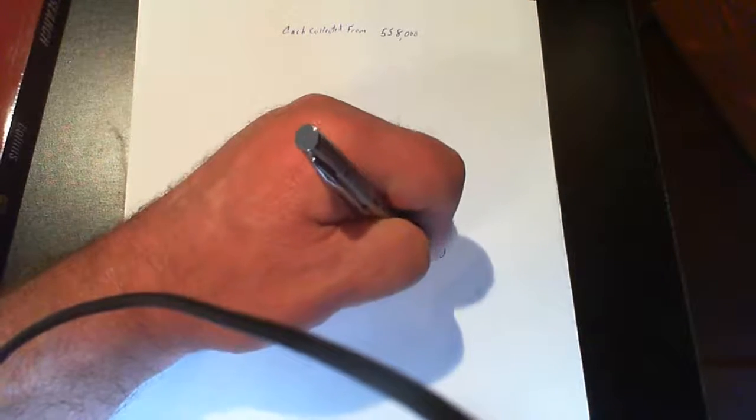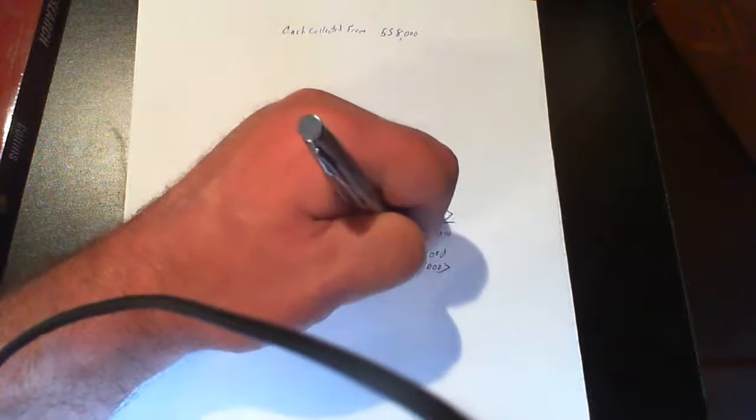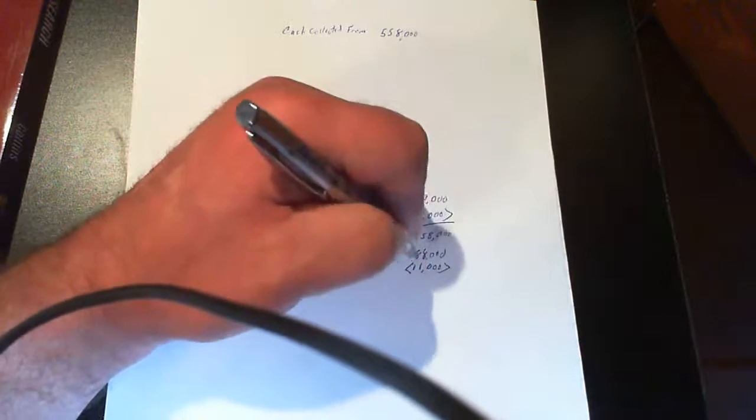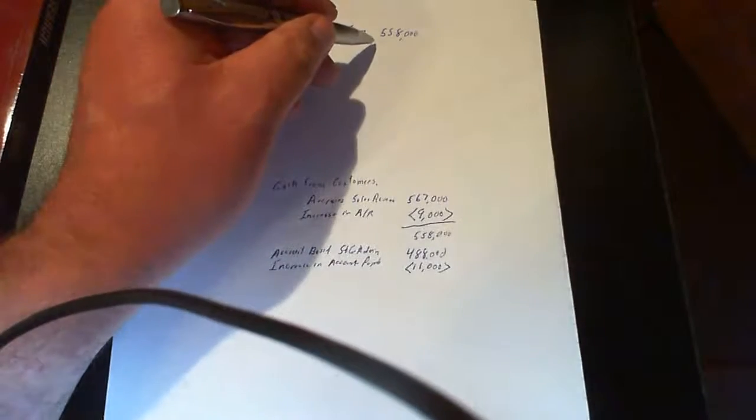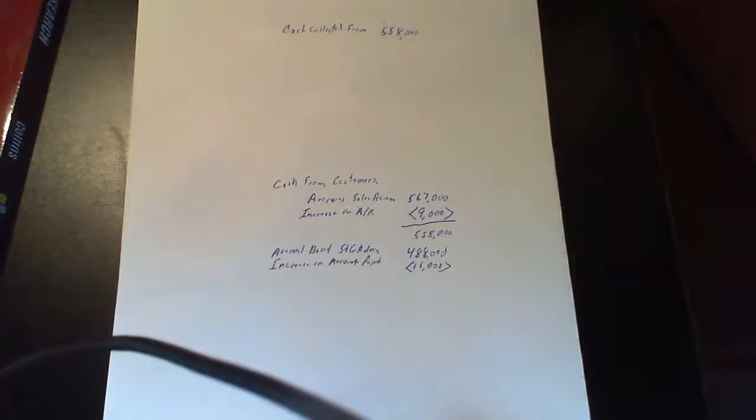Now we're going to subtract this, and that could be a little bit misleading at first. Remember that this total number here, we're going to subtract up here. So when we subtract it here, we're actually adding it if we were to look at the final number up here. So that's the increase in the accounts payable.